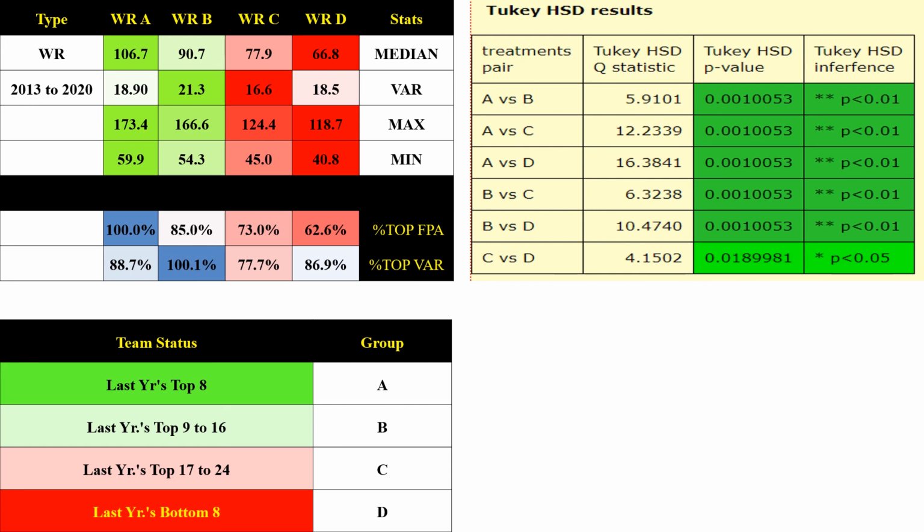So the wide receivers from the top 8 are better than everybody else. The wide receivers from above average are better than the below and the worst, etc. So there is the first time we have seen a clear hierarchy. It didn't even occur, I don't think, in the quarterback, but certainly in the wide receivers. Very intriguing. Love this kind of data.